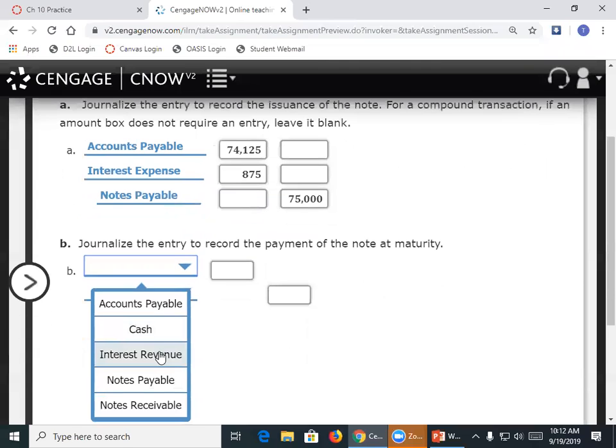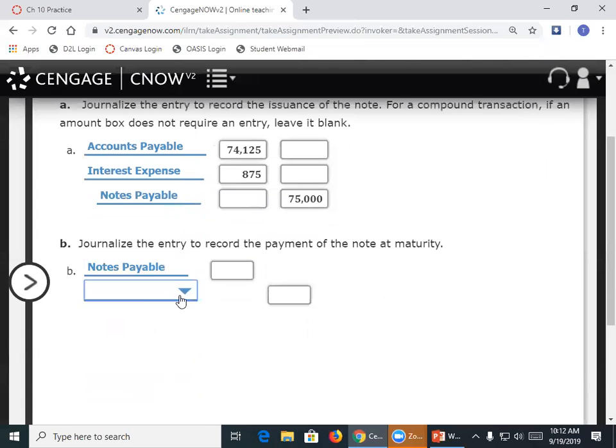So we're going to debit notes payable and credit cash for just the face value. We still consider it an issuance of a note and then paying it at maturity. It's just when it's a discounted note, we recognize the interest up front. So this is issuing a discounted note.